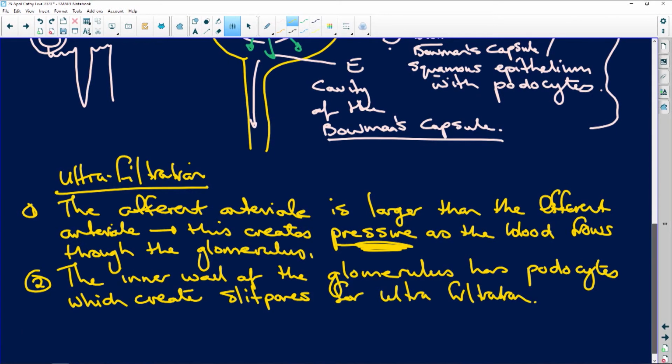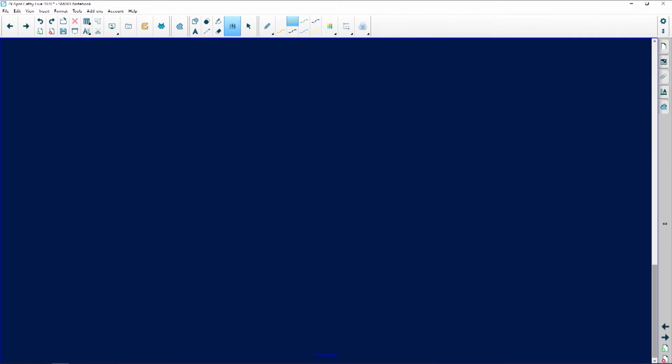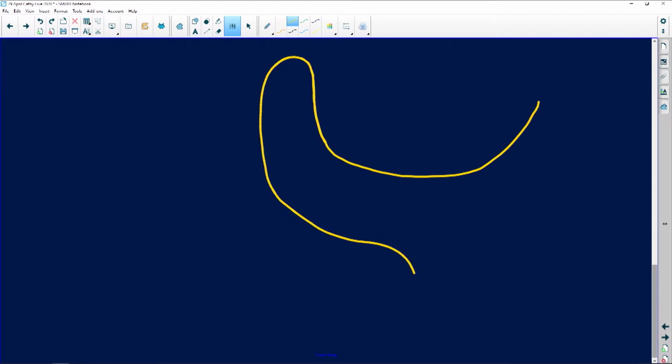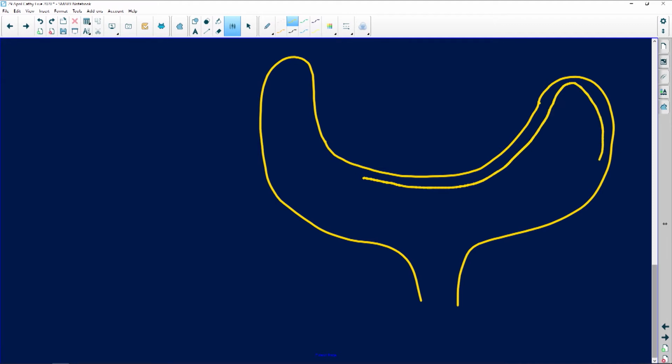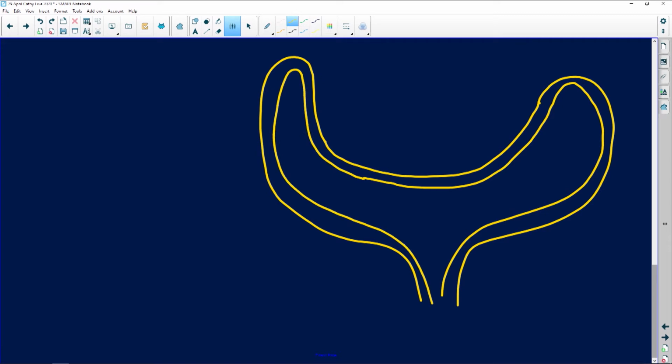Okay, now let me explain this. You've got this single layer of squamous epithelium inside the Bowman's capsule. So let's draw it. Here's your inside part of the Bowman's capsule. Okay, here we have a single layer of cells all the way along here.